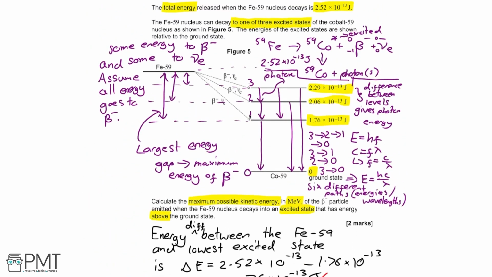Returning to the diagram, what we see is that the smallest energy difference is between level 3 and level 2. If we subtract the energies of 3 and 2, or 2 from 3, then we get the smallest number compared if we subtracted the energy of 1 from 2 or the energy of 0 from 1. Therefore, the energy difference we want corresponds to a photon being released from de-exciting from level 3 to level 2.